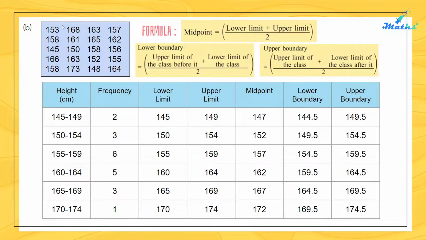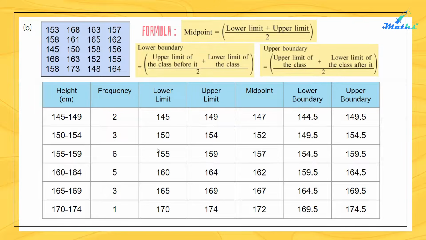We count in this box how many data fall between 145 and 149. So we have 2. For 150 to 154, we get 3.